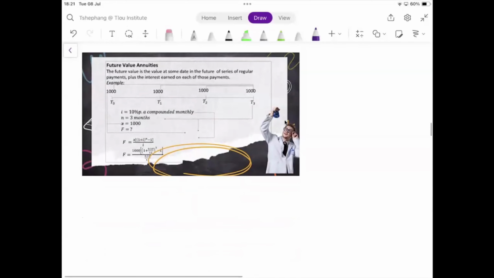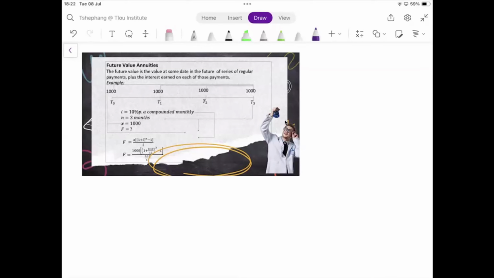Now you have two kinds of annuities. You have the future value annuity, and you also have the present value annuity. Now, the future value, according to me, is the easiest one. Although the present one is equally easy, but the future value is more easy for people to understand. The calculations are exactly the same.